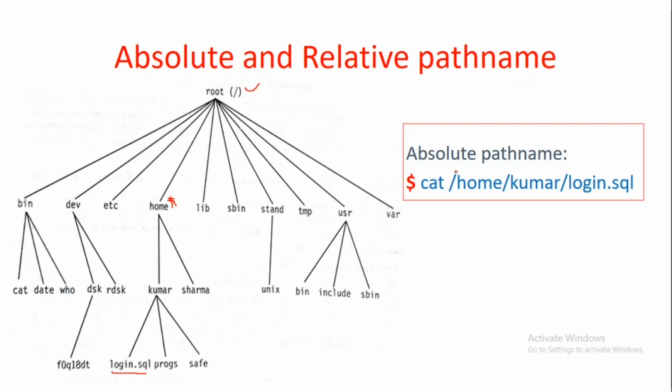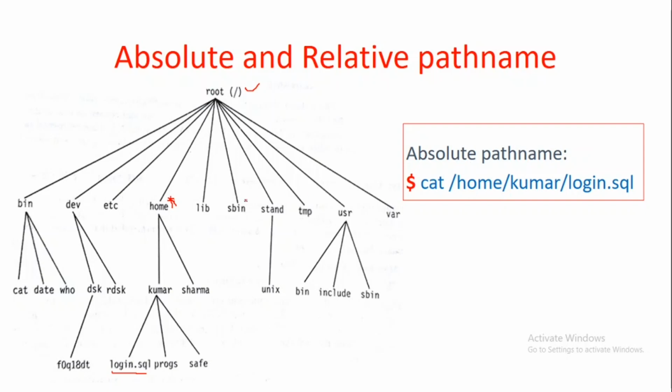The first forward slash represents the root directory, under which there is a directory called home, under which there is a directory called Kumar, and under which there is a file called login.sql. This entire path is given to cat, so obviously I'll get the content of login.sql, because the entire path with respect to the root is given as an argument. This way of referencing any file or directory is called an absolute path name.